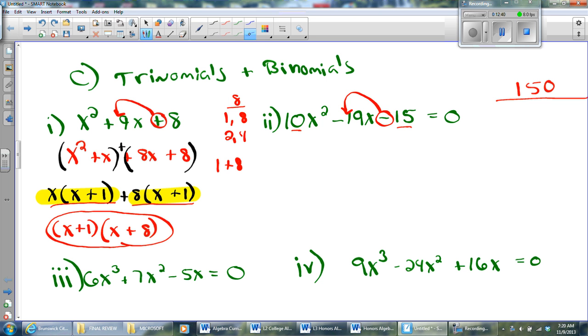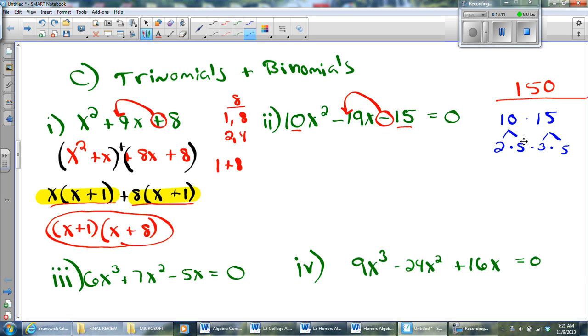Okay, now I know a lot of you don't know prime factorization. Of course, you can list out all the factors, but I'm going to take 10 times 15, and I'm going to break them down into their prime factors. 2 times 5, and this will be 3 times 5, right? And because of the commutative property, I can move things around, and I'm looking for 2 factors of 150 that subtract to get 19.